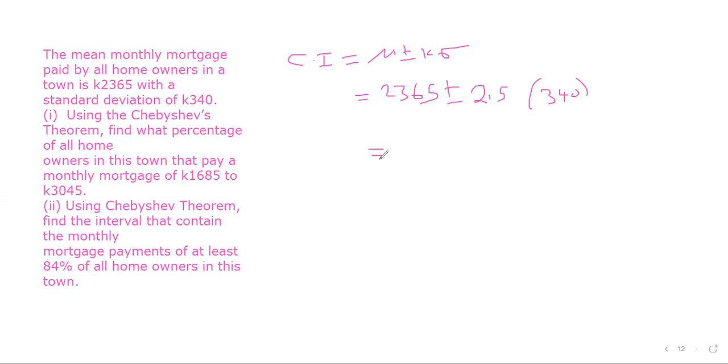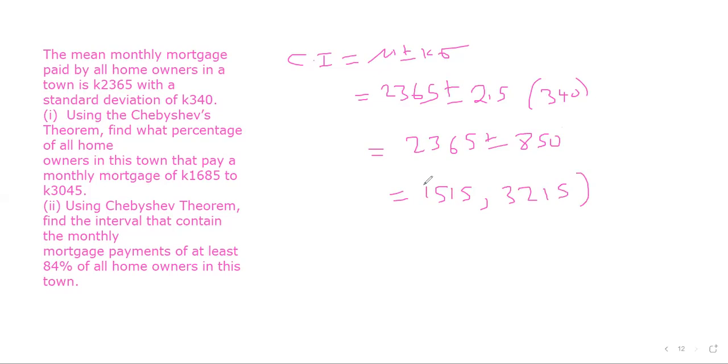This is going to give us 2365 plus minus 850. So we subtract: 2365 minus 850 is 1515. And we add, that will be 3215.